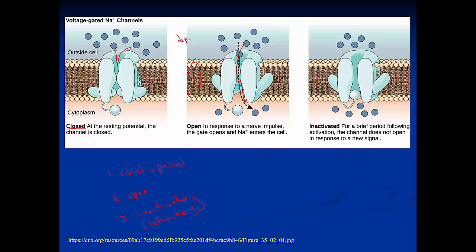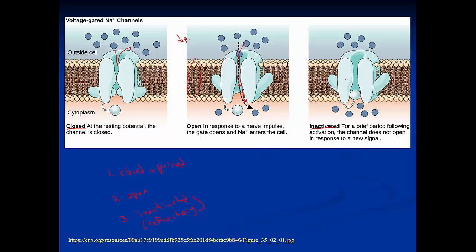Once this opens, ions are going to flow, and then a timer starts. These are going to stay open for a short period of time. Once that timer goes off, they're going to close. Now, they don't go back to their closed and primed shape. In fact, they go to a refractory shape, an intermediate shape, where they're inactivated or refractory.